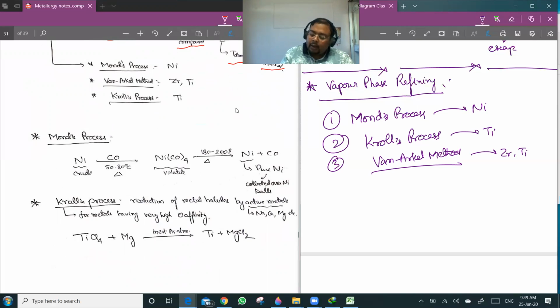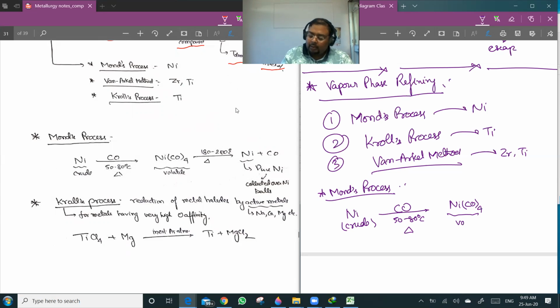So what happens in the Mons process? We have crude nickel, and we treat it with carbon monoxide at a temperature of 50 to 80 degrees centigrade. Nickel forms a volatile complex, Ni(CO)4, nickel tetracarbonyl.